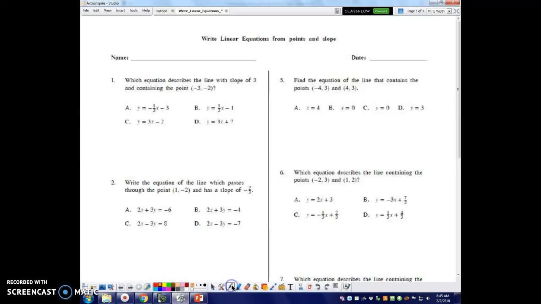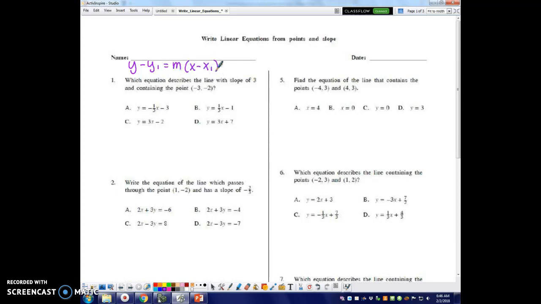Looking at number 1, it says which equation describes a line with a slope of 3 containing the point -3 and -2. You might want to write down the point-slope form, which is y minus y1 equals m times x minus x1.